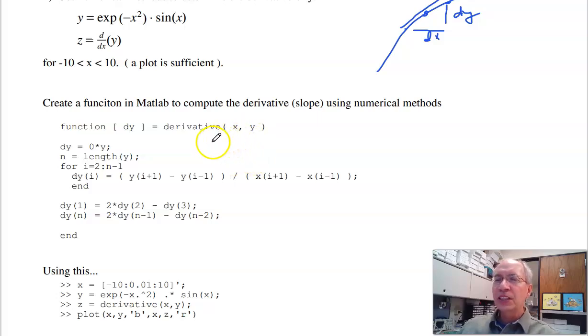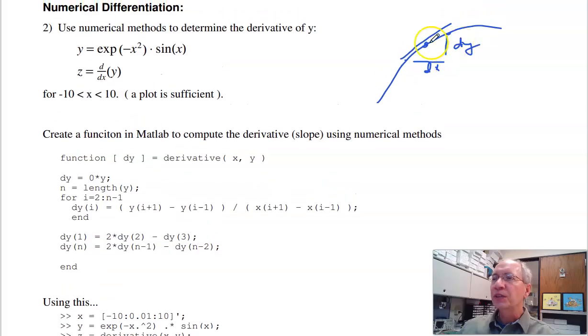At each point, I then calculate the change in y over change in x, and store that as I spin through the array. Since I'm taking the point after and the point before, I can't start at the first point and the last point. That's why I go from 2 to n minus 1. The two endpoints typically have problems, so one way to find it at the endpoints is just take the first 2 points, take the last 2 points, and find the change in y over change in x.